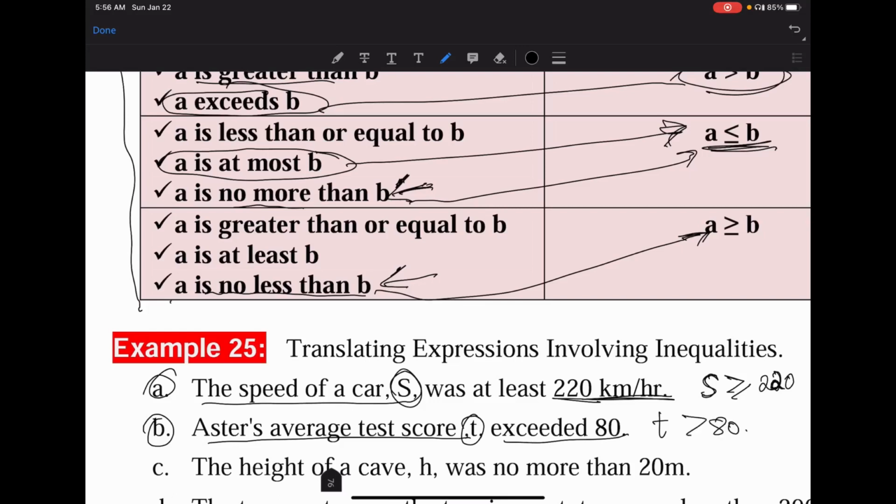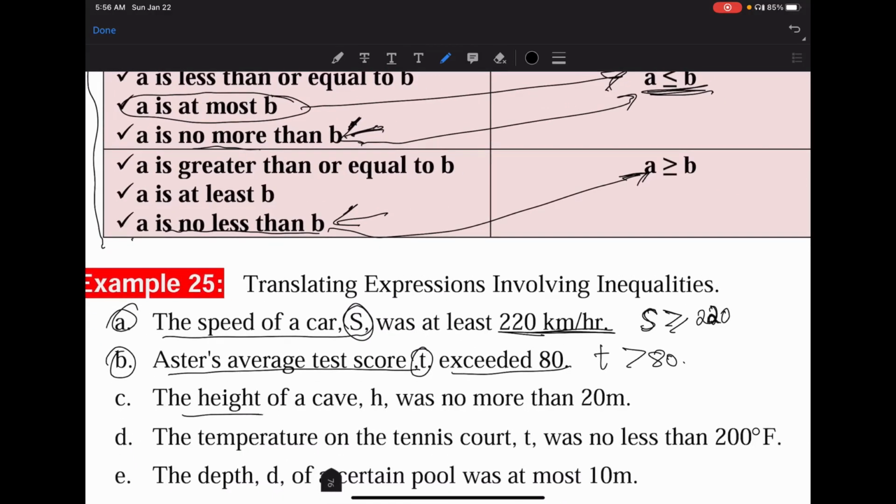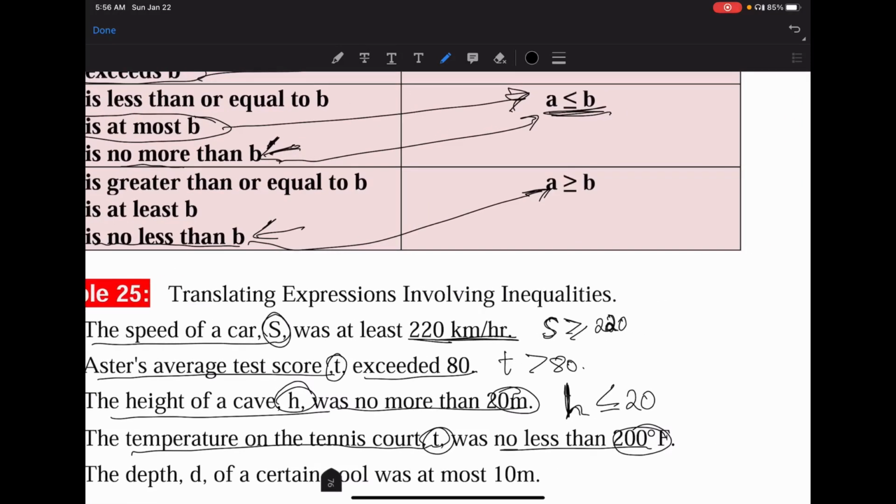The height of a cave h was no more than 20 meters means the height does not exceed 20 meters. The temperature on the tennis court t was no less than 200 degrees Fahrenheit, so we write it like this: it does not go below 200. And the depth of a certain pool was at most 10 meters.